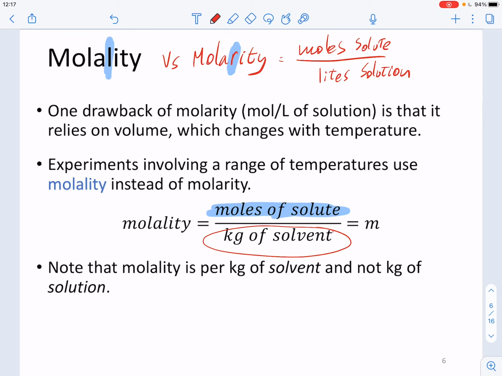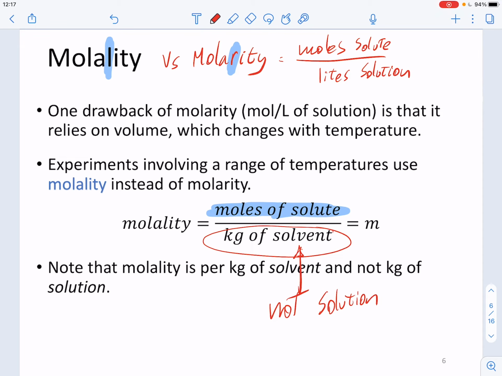The number of moles will not change with temperature, and per kilogram of solvent, the mass of solvent will not change with temperature. The volume will, the mass will not. Okay? And remember, this is solvent, not solution. So that's one of the main differences here.